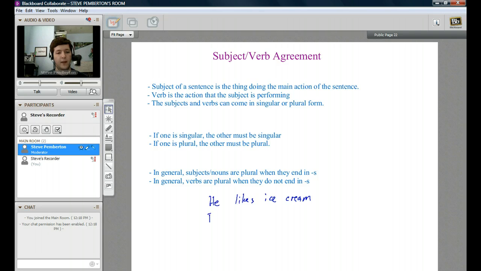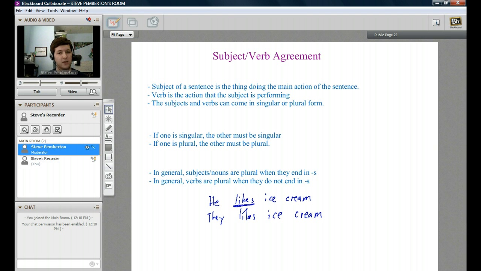So would you say he likes ice cream? Or they likes ice cream? Well, you say he likes ice cream. But the main verb here, the likes, has an S on it, even though it's a singular sentence. So the verb does not have an S most of the time when it's plural. When it does have an S, that actually turns verbs singular.